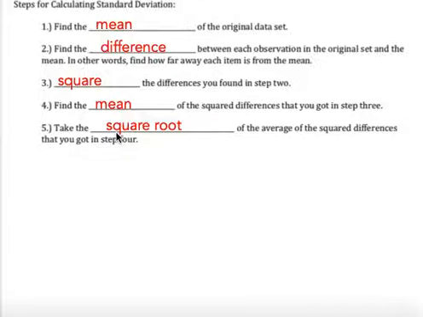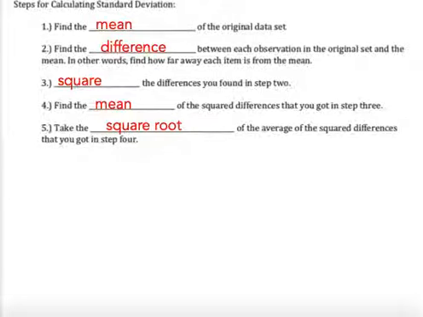If you said to your parents, hey, I learned how to do standard deviation today, they're going to say, what in the world is that? We can all find the average, we can all square, we can all subtract, we can all take the square root using our calculator. So this is not anything above any of your levels of expertise. We just have to do these 5 steps in order.